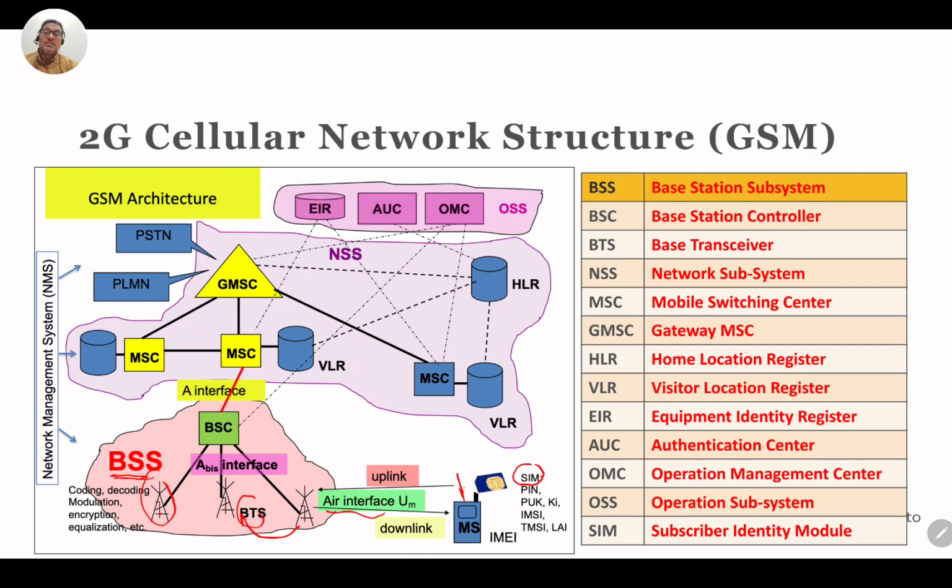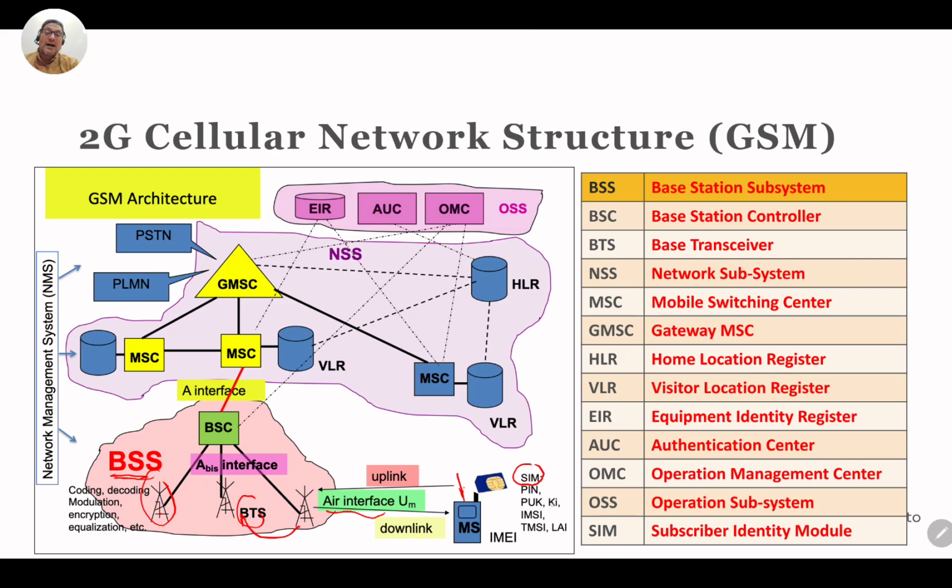This subscriber identity module contains some fixed values, and also it has some dynamic values. For example, it has the PIN code, like personal identification number. It has a PUK code, which means PIN unlock key.